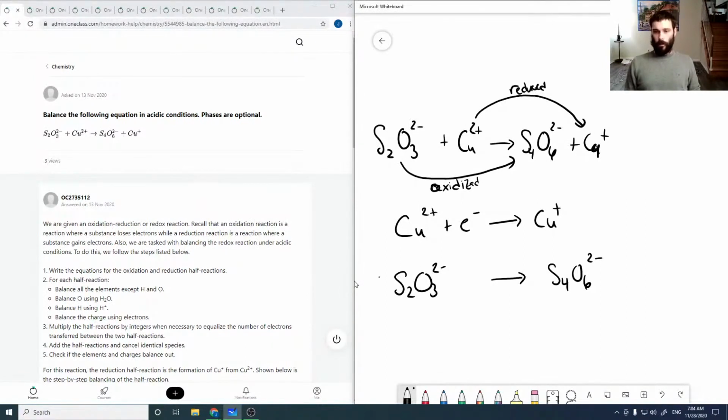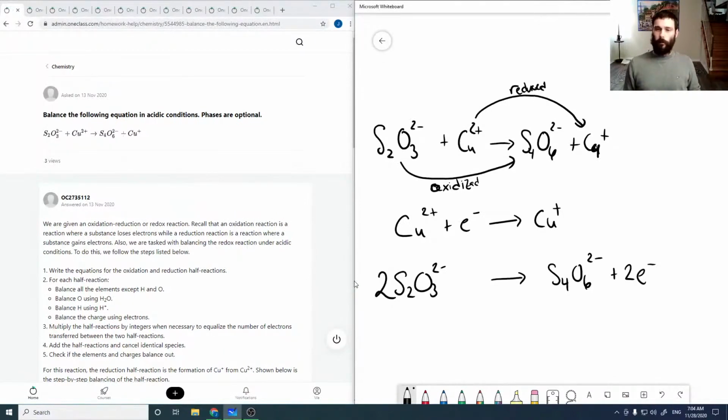So we're going to need 2 of these because of the 4 sulfurs. And then we can look at the oxygens, and now we have 6 oxygens here and 6 oxygens here. So now we don't need to worry about anything else. We need to balance the charge, so there's 4 negative charge on this side and only 2 on this side, so we're going to need 2 electrons on this side.